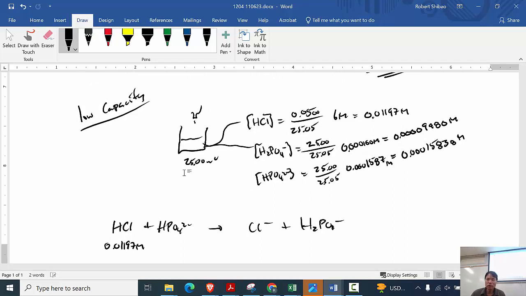The HPO4 2 minus is 0.00015838. The chloride 0. The H2PO4 minus is 0.0998 molar.